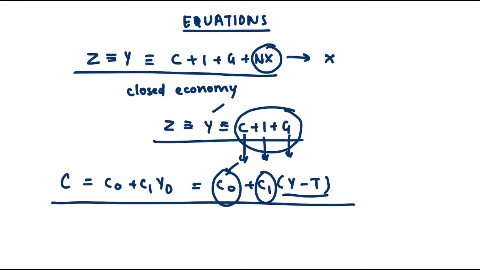Then when we're talking about investment, we say that investment is determined exogenously, that is, outside the model. And since we do not have to specify anything about investment within the model, it does not really have any specific equation. We just say that investment is represented by the capital letter I. And then G is the government spending.